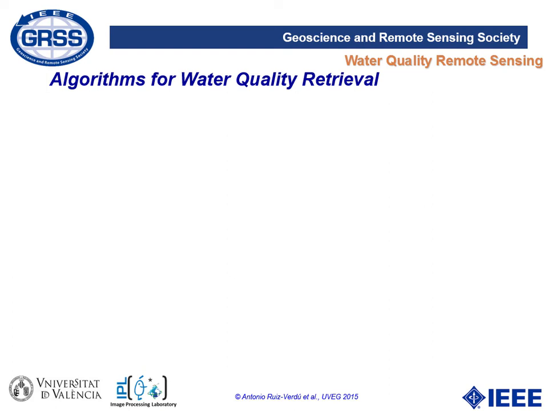So basically, when we want to study the water quality from remote sensors, what we have to develop are algorithms that transform these observed radiances and reflectances into maps of concentrations of the different optically active constituents.